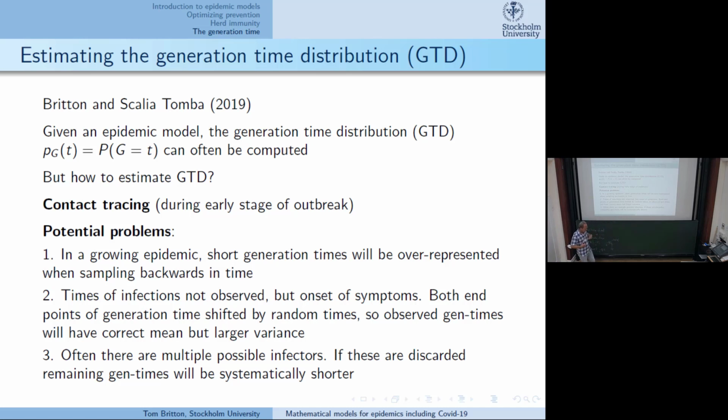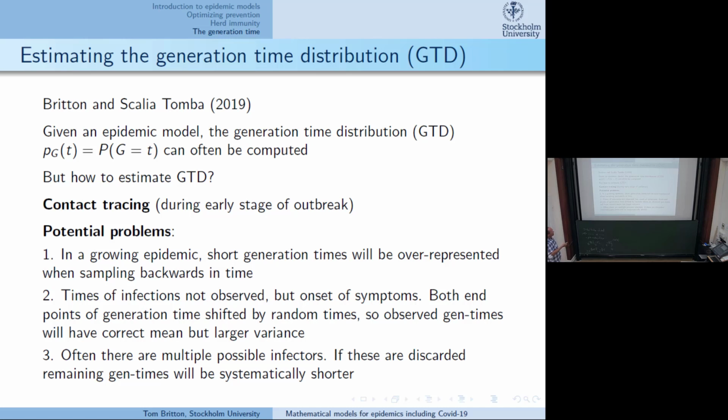Of course, if I get infected today and I infect someone 5 days later, if I ask that person who infected them, that was 5 days later, whether you look backward or forward in time. But if you have an exponentially growing situation, then there are actually more possible infectors just a few days back than further back in time. So that will bias your estimate. In a growing epidemic, short generation times will be overrepresented.